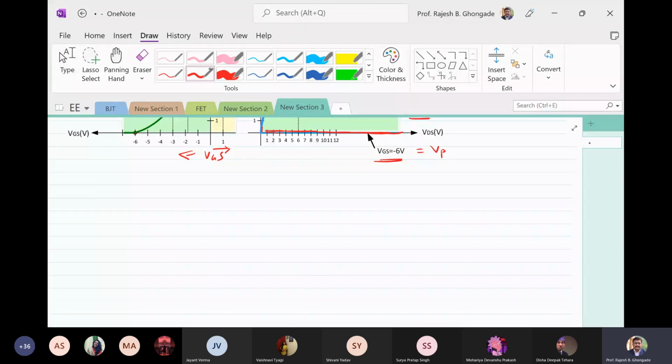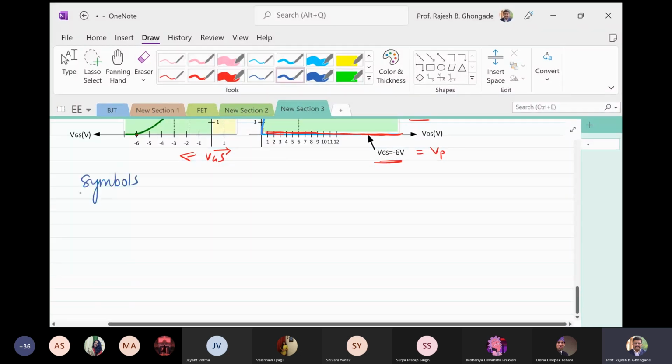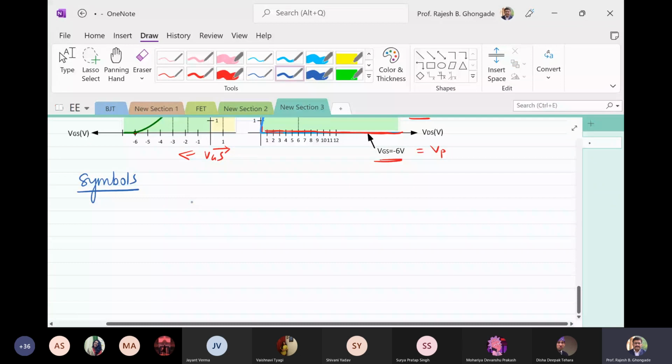Let us have a look at the symbols. There are various confusing symbols, but let us use the one which is easier for us. I'm just going to show you all. So this is your drain, this is the gate, this is the source, and this is the fourth terminal, the substrate.